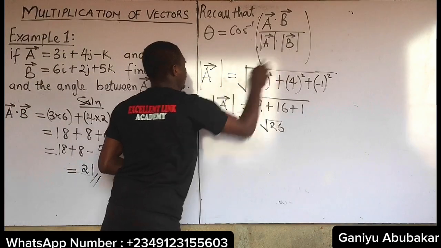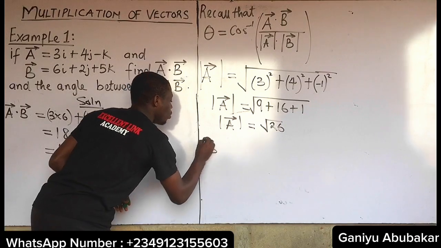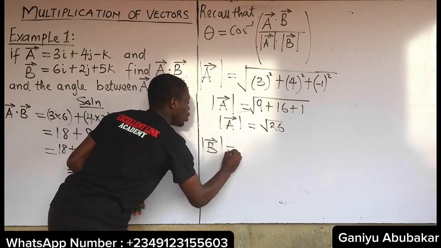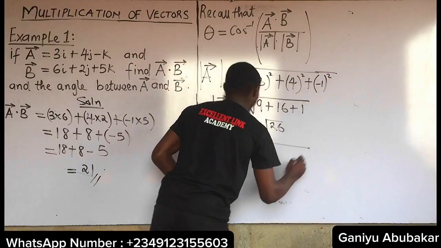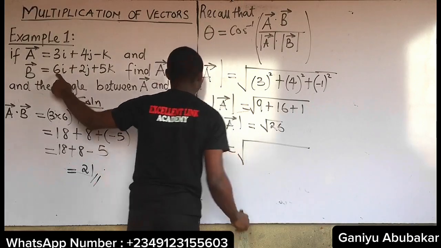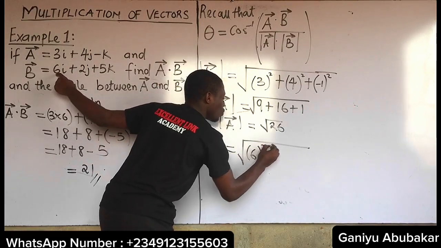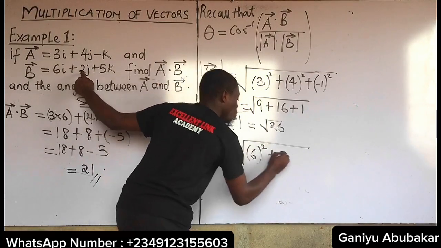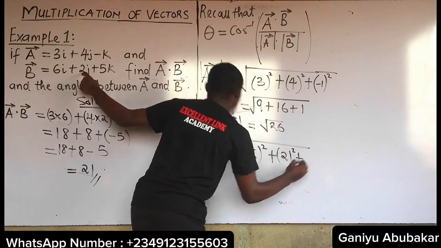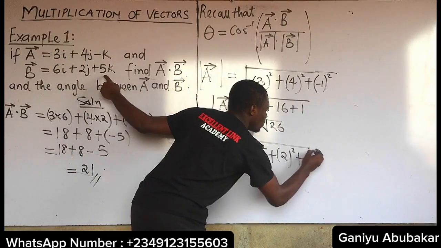Let's get the magnitude of B. The magnitude of B is equal to, we said, the square root of the sum of the squares of each coordinate. That's 6 squared plus 2 squared plus 5 squared.